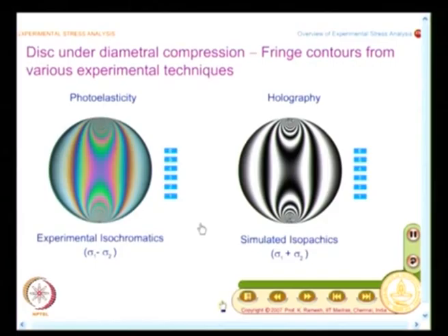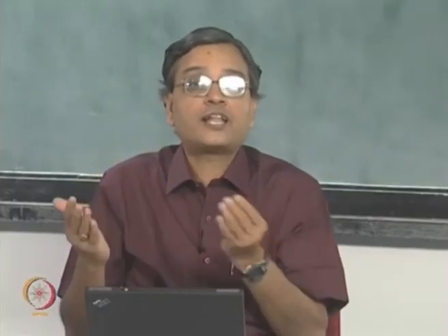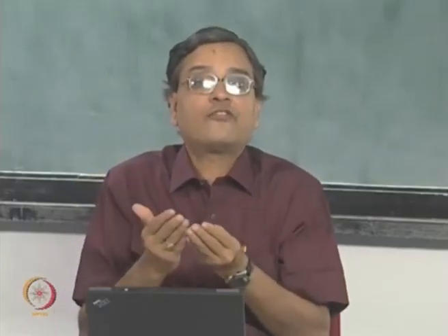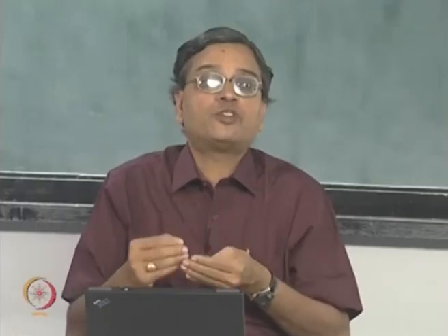One approach could be to do a holographic experiment and get isopachics recorded; in this case it is simulated. When I have photoelastic contours as well as holographic contours, I can process these two and find the individual magnitudes of sigma 1 and sigma 2 over the entire field.